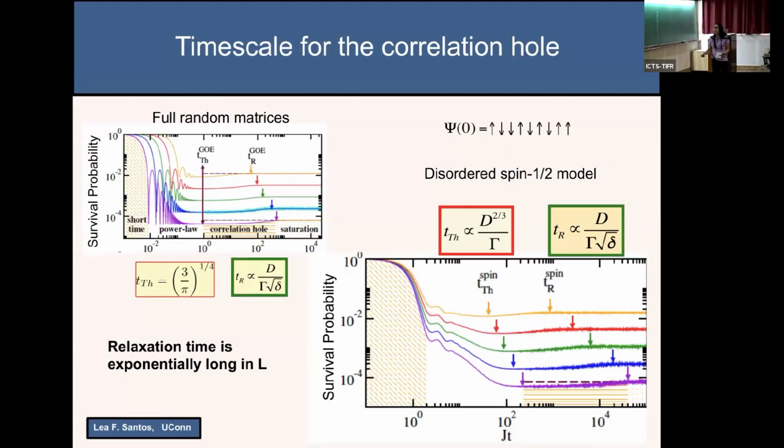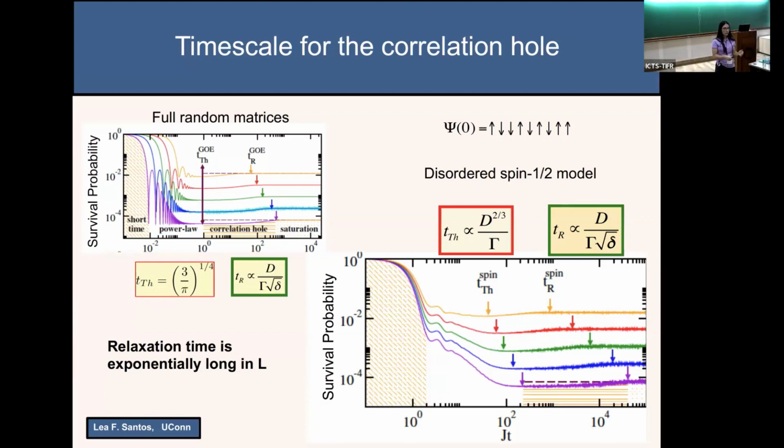And what happens to the time scale now is that story that I was telling you in the beginning. The time for the beginning of the ramp now grows with the dimension of the Hilbert space to that power. There is a conservation in this case, but it's exponentially large in L. It's L, in half filling, so L factorial over L over 2 factorial squared.